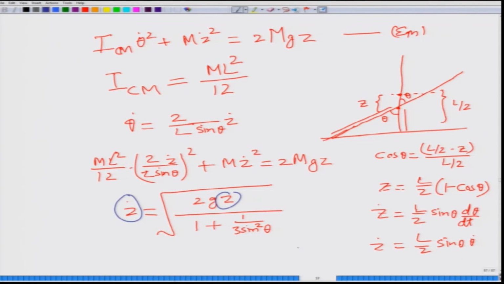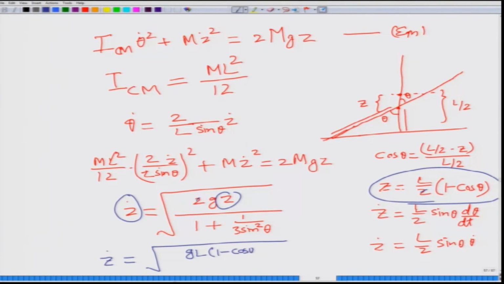So from here we see z is equal to L by 2 times (1 minus cos theta), so z dot is now square root, 2 cancels with this 2, then gL (1 minus cos theta), we can solve the denominator also, so it will be 1 plus 3 sin square theta. So this is the answer.